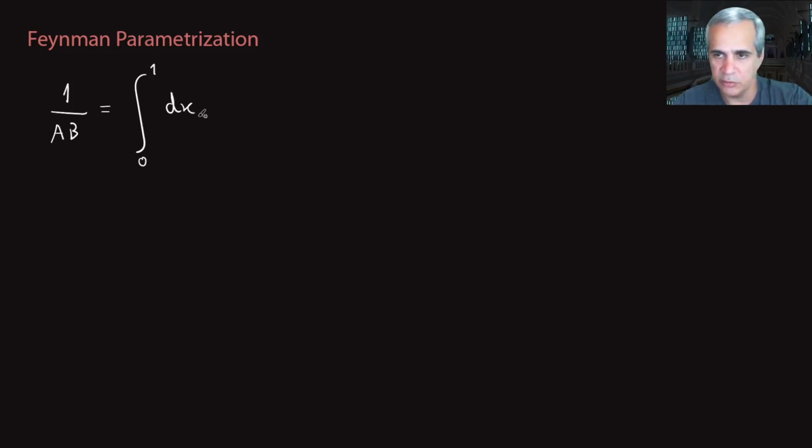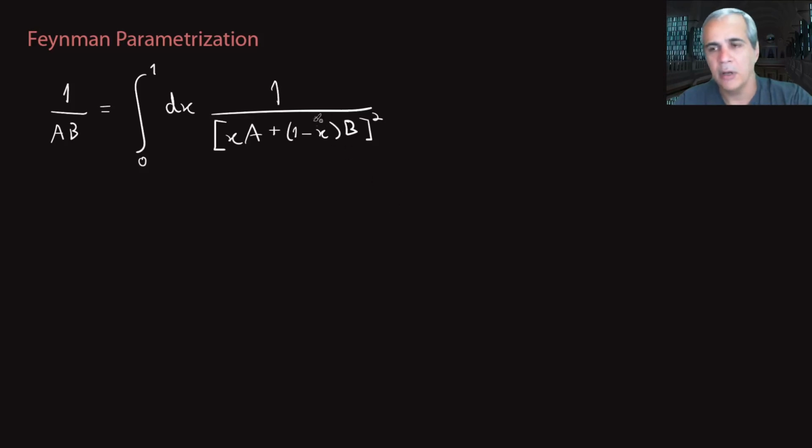So I introduce a parameter here, x, and the integral in x from 0 to 1 of this denominator, let me write it, x a plus (1 minus x) b, squared, goes back to that. That's easy to show. I won't do it here, but you just have to call this guy some variable, do the change of variables and go back. It's pretty easy. And you see you get back to the expression.